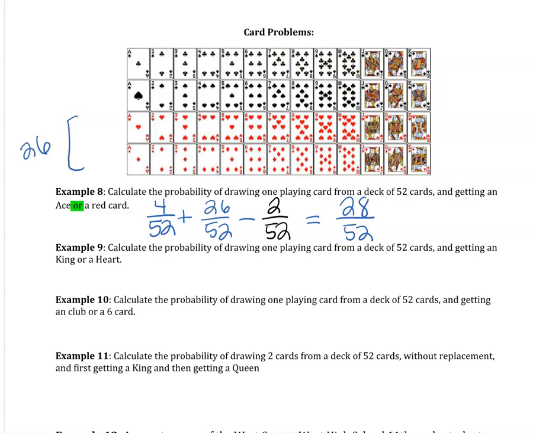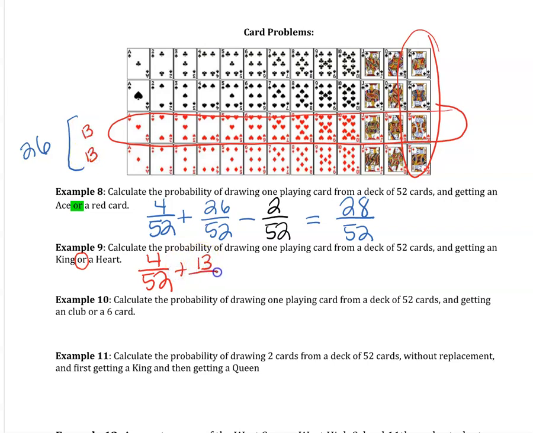Calculate the probability of drawing one playing card from a deck of 52 and getting a king or a heart. Okay, so again, there are 4 kings in a deck. Hearts represent a suit, which is 1/4 of our deck, which keep in mind each suit is 13, so that would be 13 out of 52.